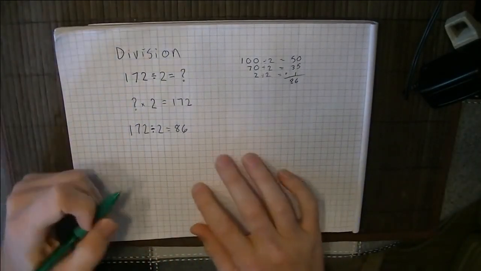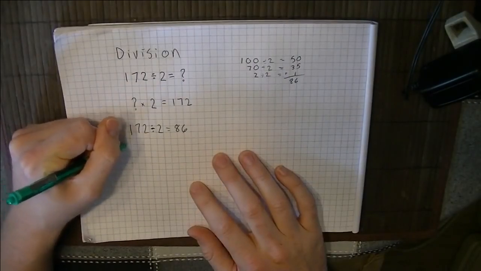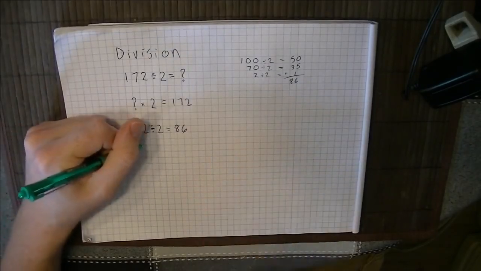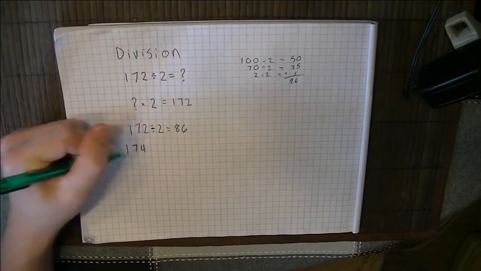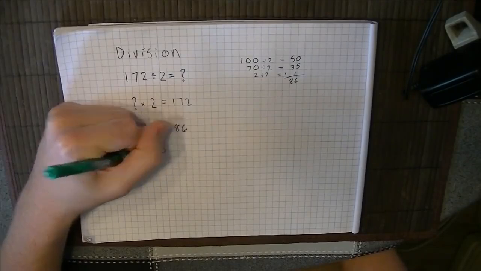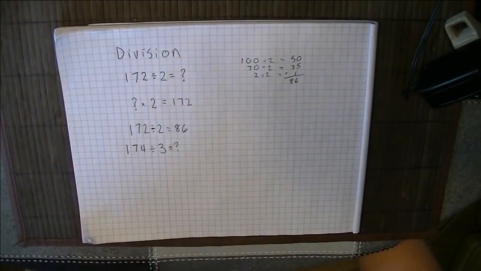What if instead I was to ask, okay, 174 divided by 3. What is that?